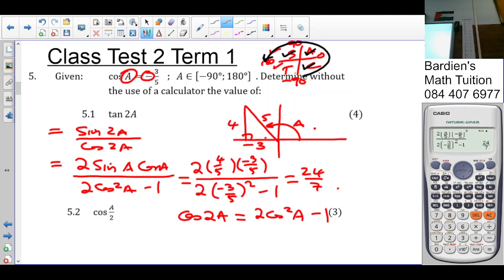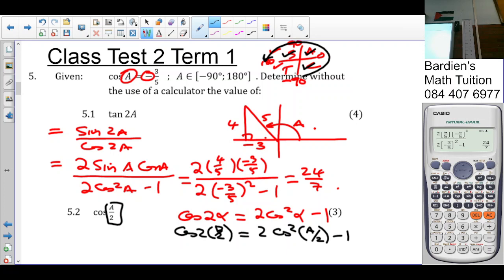But suppose I put alpha here. I mean to put alpha. Okay, so if alpha was A over 2, then that would simply be 2 cos squared A over 2 minus 1 into cos 2 into A over 2.